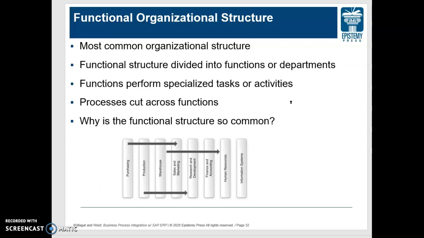So many departments will perform that function. A functional structure is very common because it's easy for each department to have specific responsibilities for a set of closely related activities. Because it's so easy to know what you have to do, it really helps companies who are faced with challenges and growth.